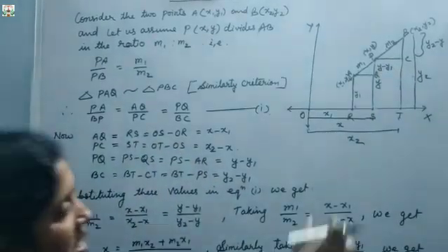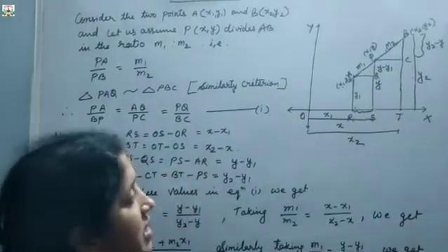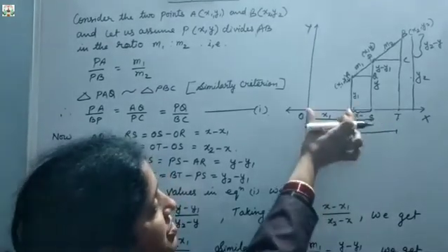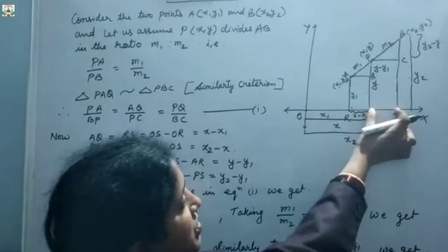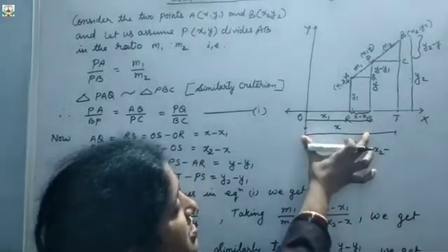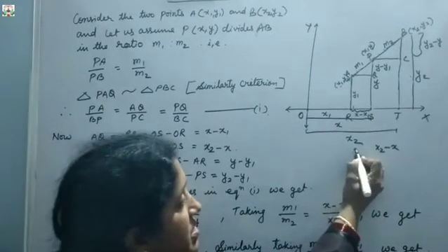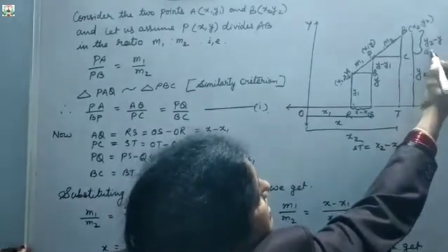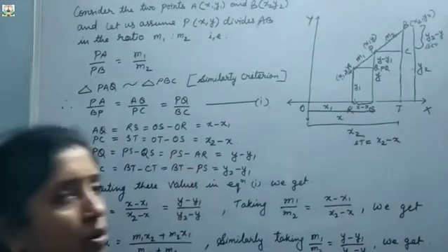Same way this distance, the RS distance, will be the total distance x minus x1. Same way this distance will be the total distance x2 minus x. So this is ST, this is BC, and this is PQ.